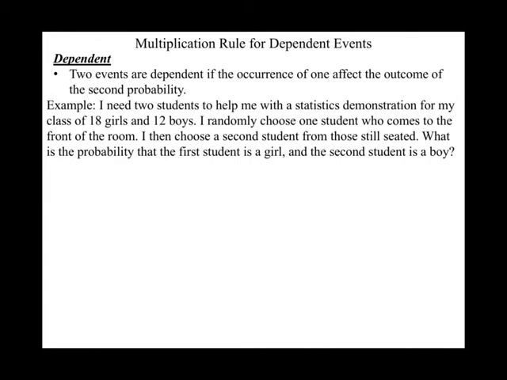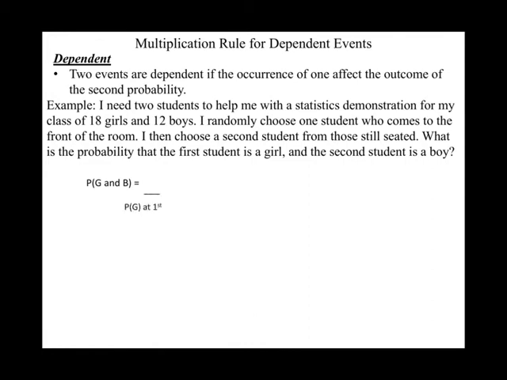So think about it. I'm going to pick the girl first, and then I'm going to pick the boy. But when I pick the boy, that will be under the situation that one girl is out. So we call this a dependent event, because the second probability, when I'm picking a boy, is affected by the girl.